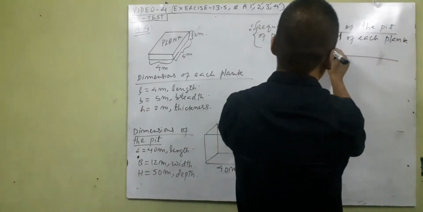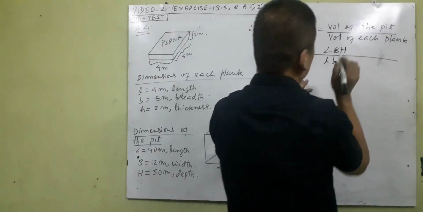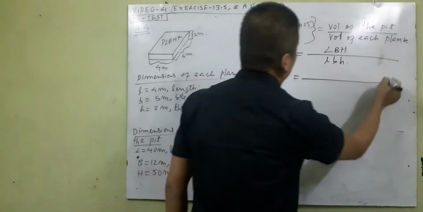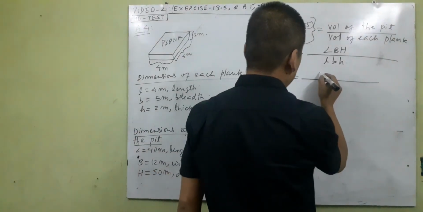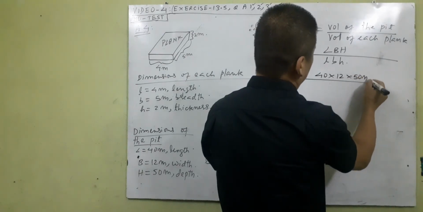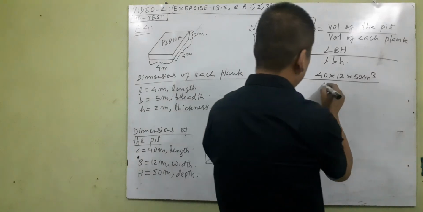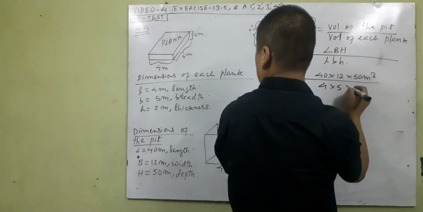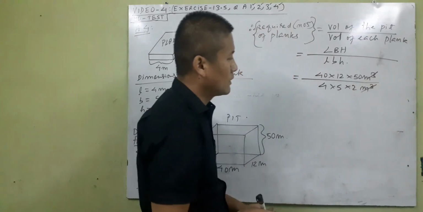So the volume of the pit is capital LBH, the volume of the cuboid, and small lbh for the plank. Then capital L 40, 12, and 50: 40 into 12 into 50, and volume is 3 dimensional, so meter cube. Small l 4, 5, and 2: 4 into 5 into 2, meter cube again. So these meter cubes cancel.